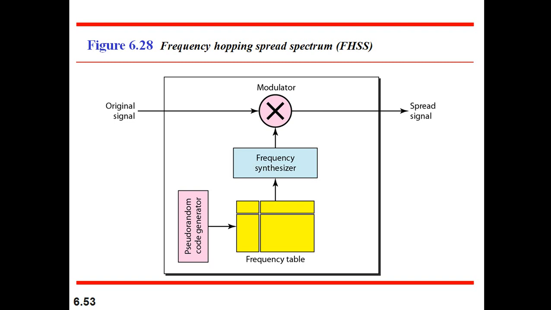If you look at this figure, we have a pseudo random noise generator, that is PN, that creates a k-bit pattern for every hopping period Tn.